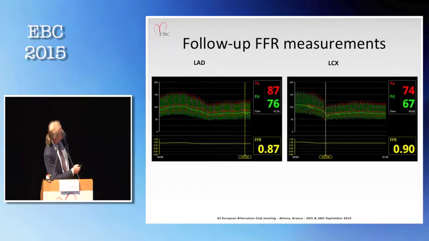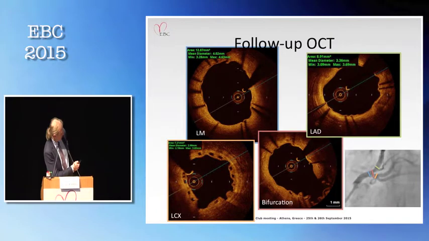Again, these are follow-up measurements, as you see, 0.7, 0.9, and this is the follow-up OCT, as you see here, how it looks, and the centralization. And yeah, that's it. Thank you very much.